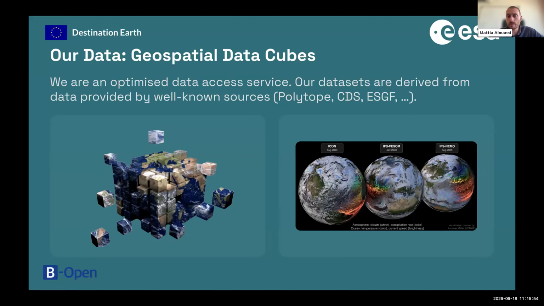These data cubes have at least 3 dimensions. So you often have latitude, longitude, and the temporal evolution of the properties of the Earth. But sometimes we also serve 4D datasets. For example, you could have pressure levels or depth for the ocean and so on.